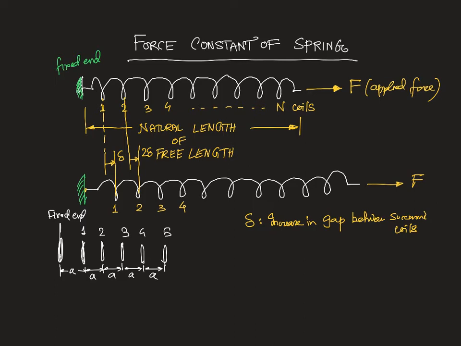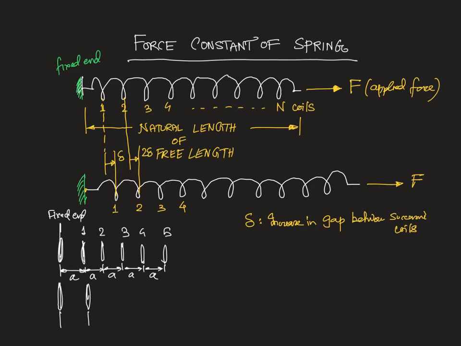If the gap increases by delta, so the gap was A actually here. So the fixed end is same. So now that's coil 1.